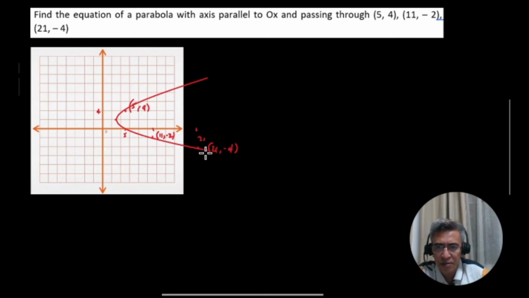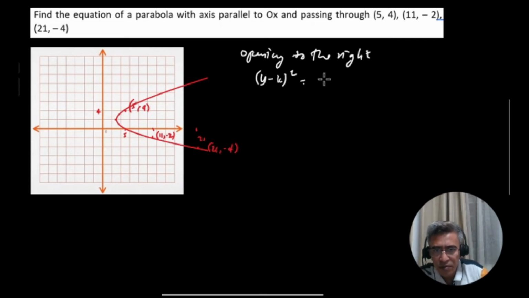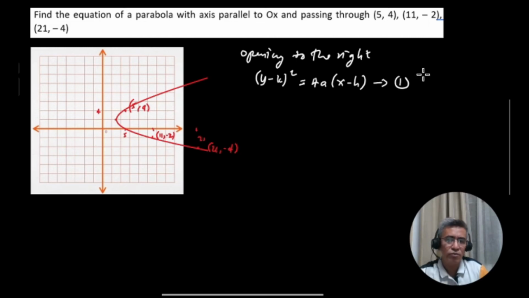Approximately, this is the curve or the parabola, which means the axis of symmetry is opening to the right, and the equation for opening of the parabola to the right: y minus k squared is equal to positive 4a times x minus h, and this is equation 1.